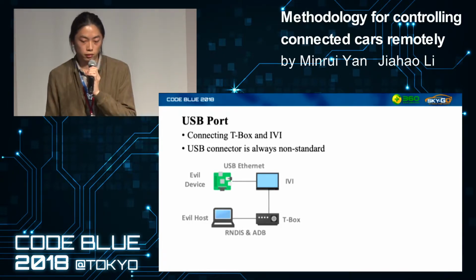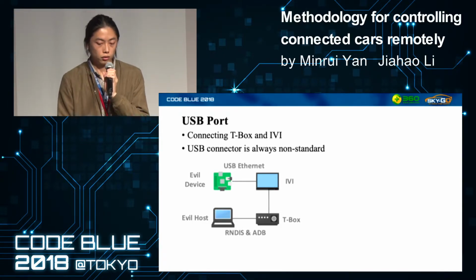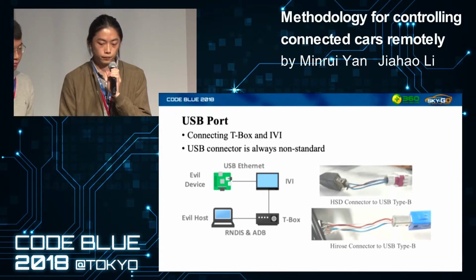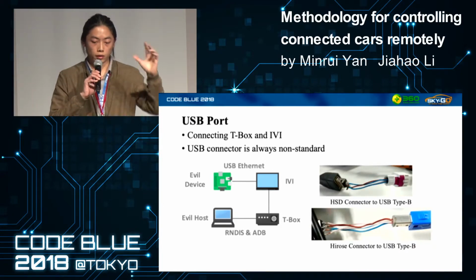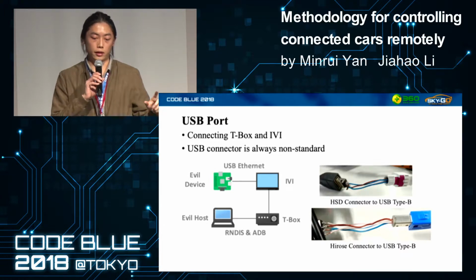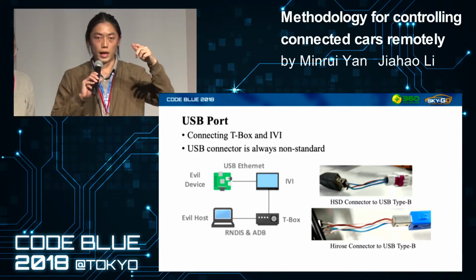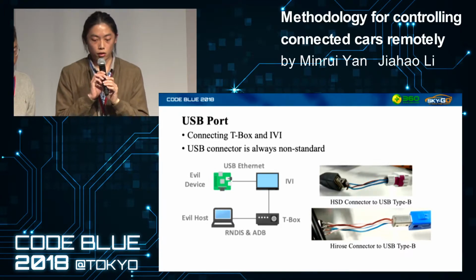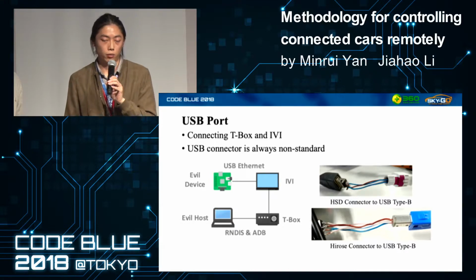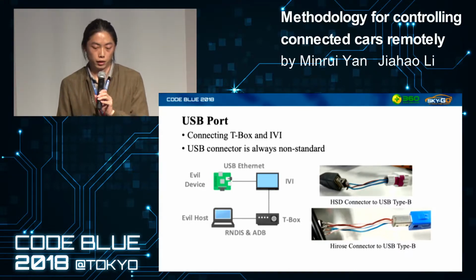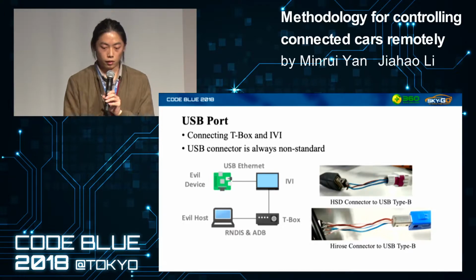The automotive USB connector is usually not the USB standard. Perhaps it's a round-shaped HSD connector or a square connector, so you can make it work by jumping wires to a USB type B cable in this picture.